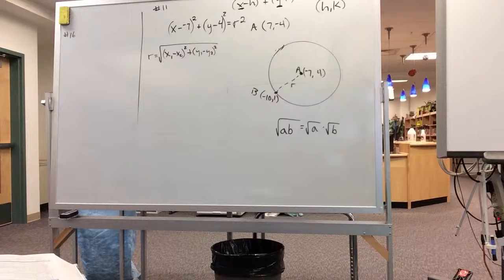So any of those factors that are perfect squares, you can get out of that and leave the rest of it. So if you look at 18 as being 9 times 2, you get the square root of 9, which is 3, times the square root of 2. And that's what it should be simplified into.